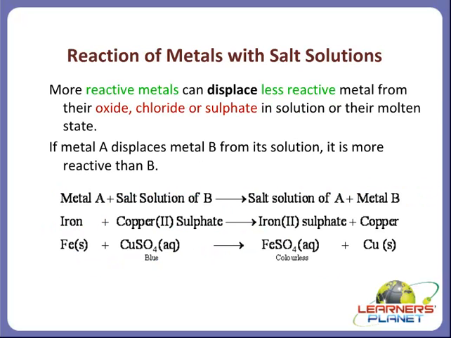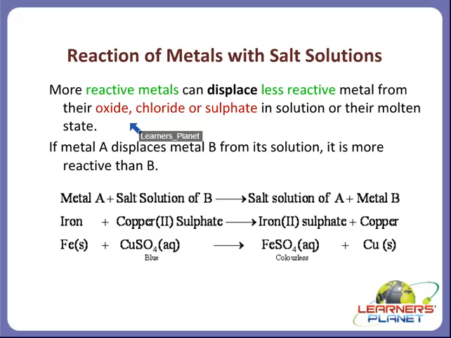Let's take up our next reactions, that is reaction of metals with salt solutions. This is a salt solution. More reactive metals can displace less reactive metal from their oxide, chloride or sulfate in solution or their molten state.